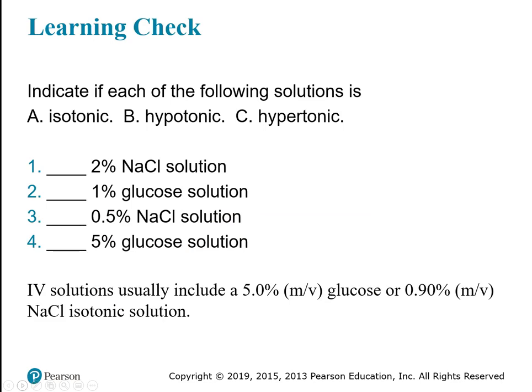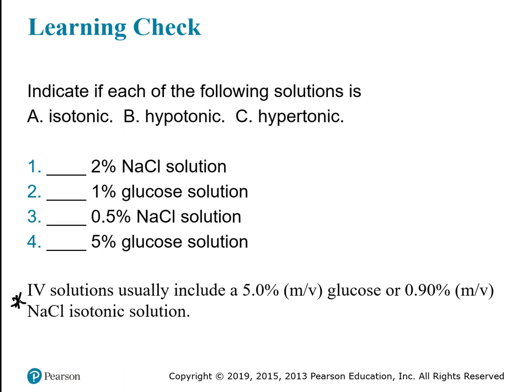So let's do a quick learning check to remember what isotonic, hypotonic, and hypertonic are. And I put this little bit of information down here to help you remember, because if I didn't have that, I would probably forget what the different concentrations of glucose and sodium chloride are too.